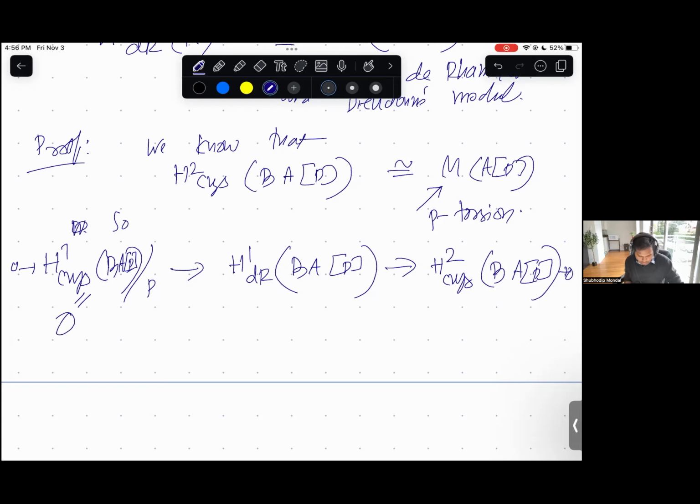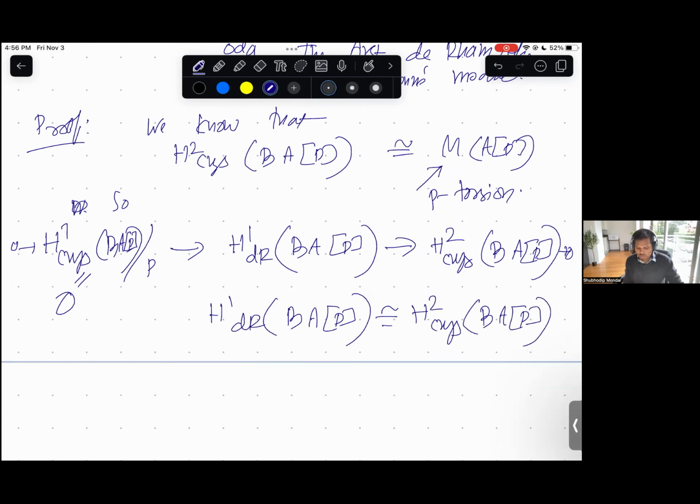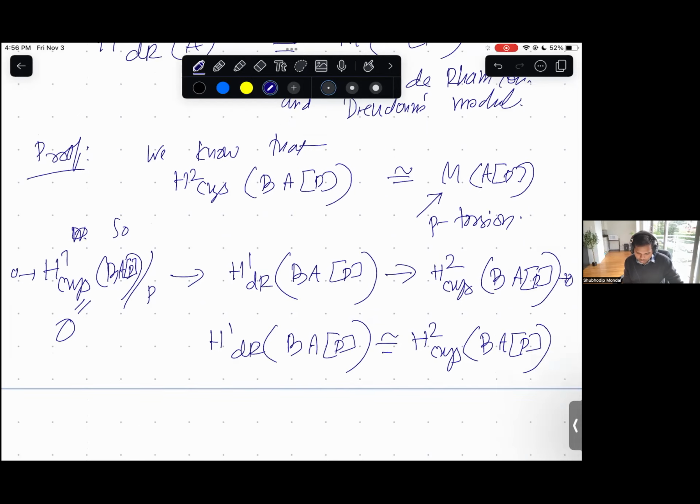In our situation, one can prove that this H^1 crystalline of BG, for any finite group scheme of rank p, has to be 0. So then what we get is an isomorphism: H^2 crystalline can simply be rewritten as H^1 de Rham of the classifying stack.